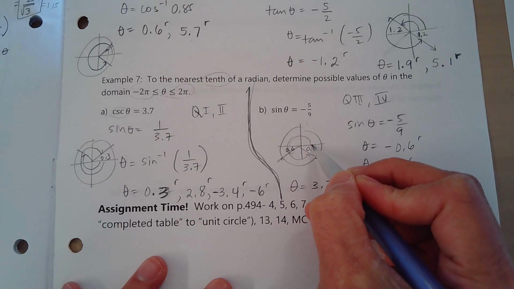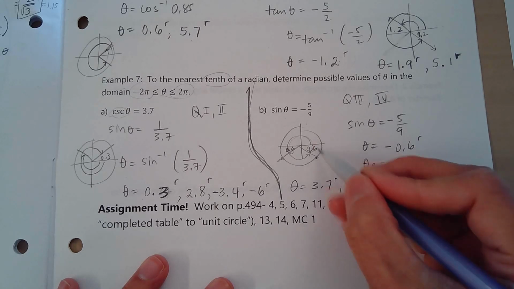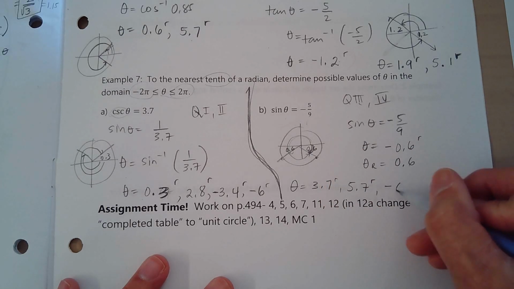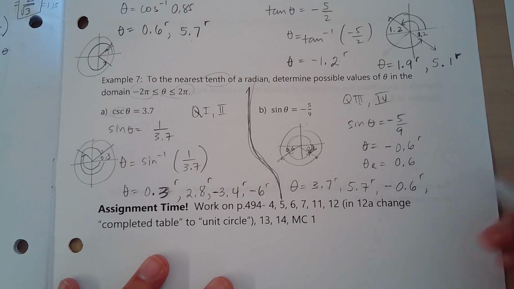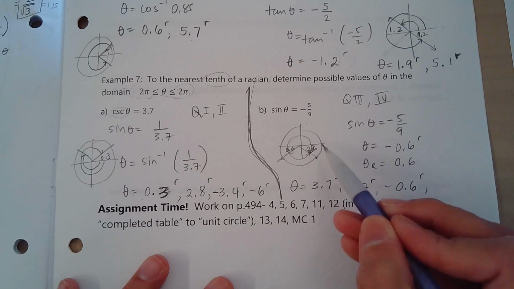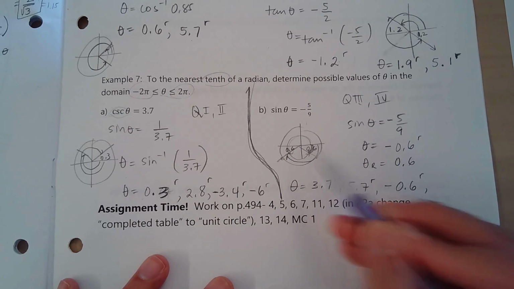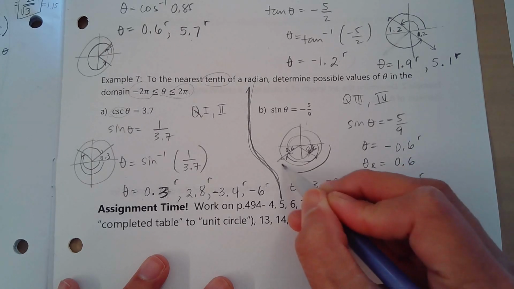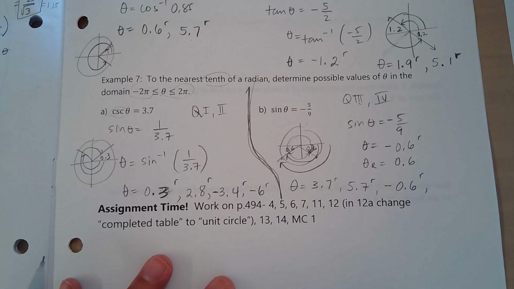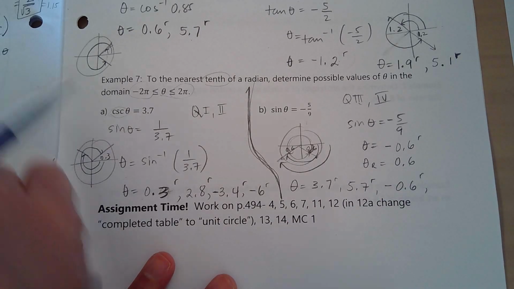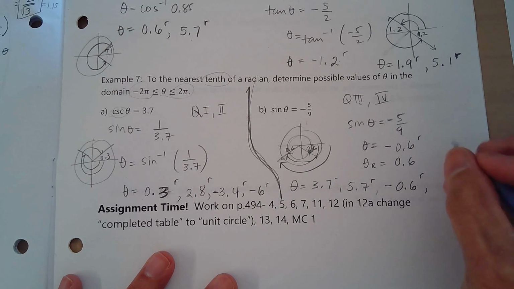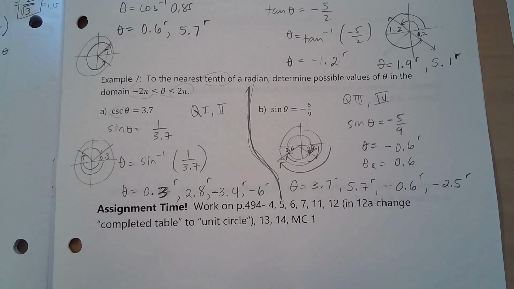Now we're going to go negative angle. From here to here, that's a negative angle. That's negative 0.6. And then from here to here, it's pi minus 0.6, but it's negative, right? So it's going to be 2.5 radians.